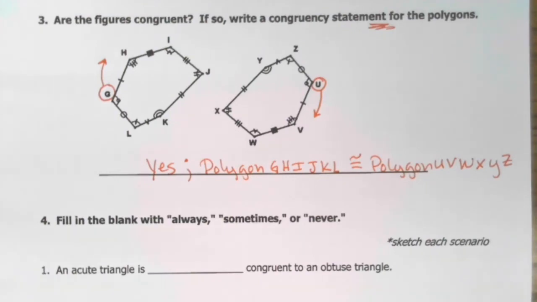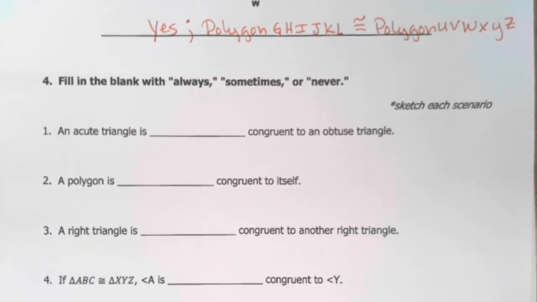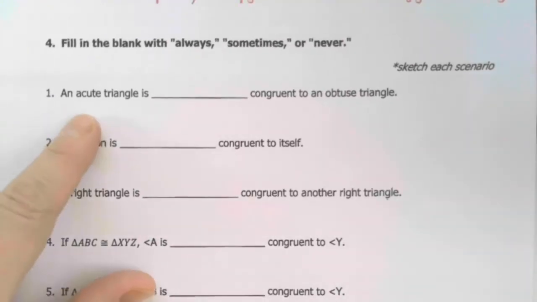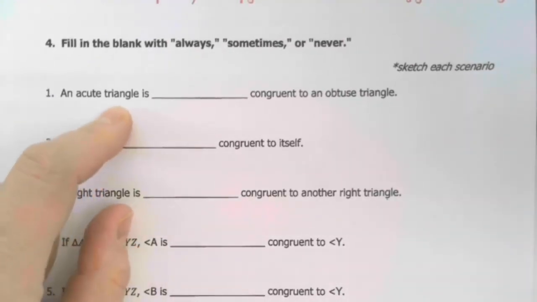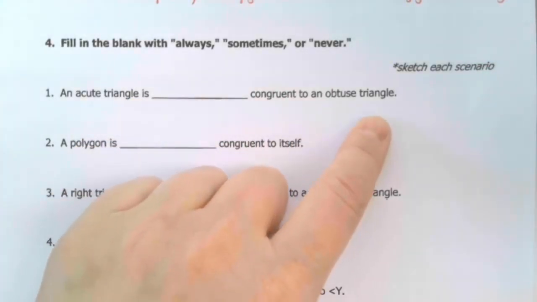All right, last thing we're going to go over is always, sometimes, never questions. And you're going to want to do a little sketch of each of these to figure them out. And there'll be some like this on your homework. Okay, an acute triangle is blank congruent to an obtuse triangle.